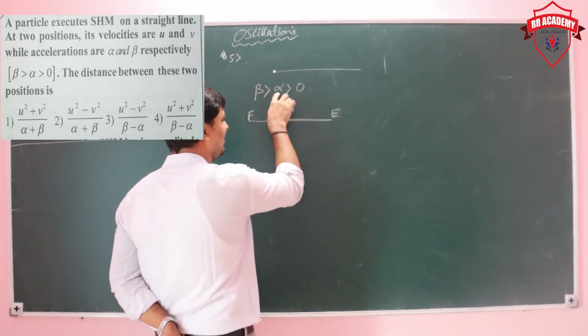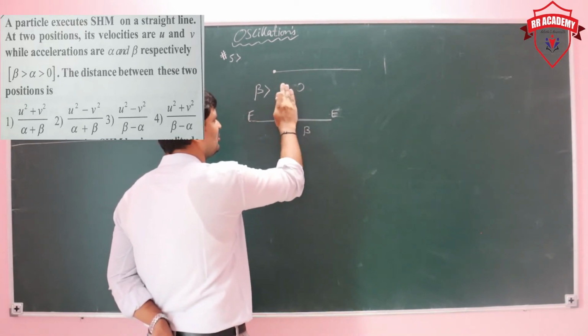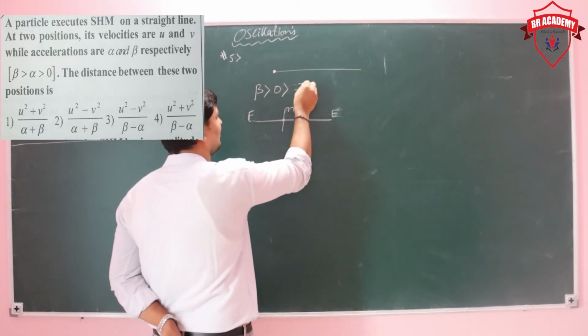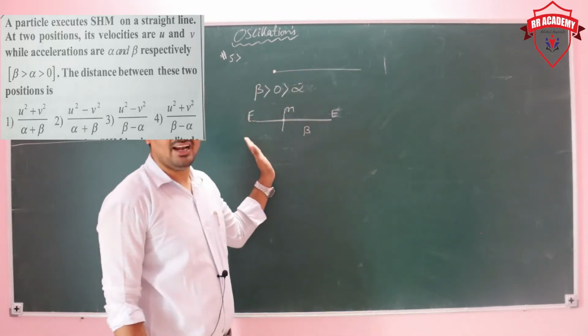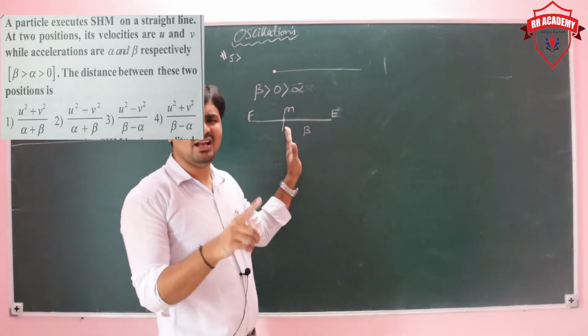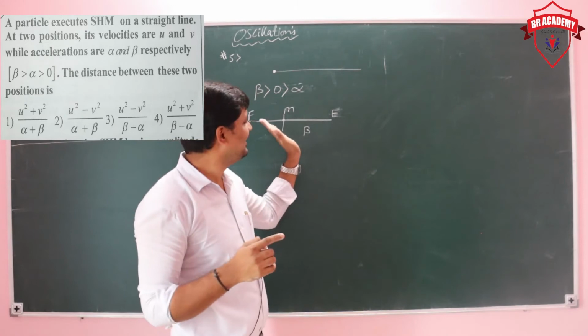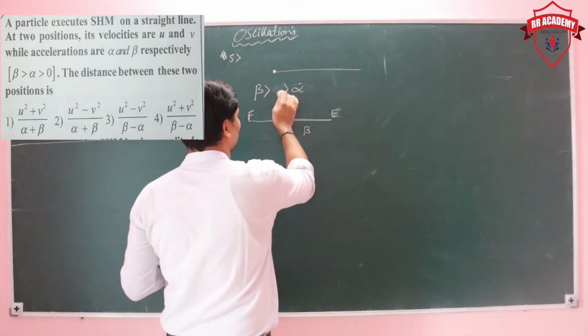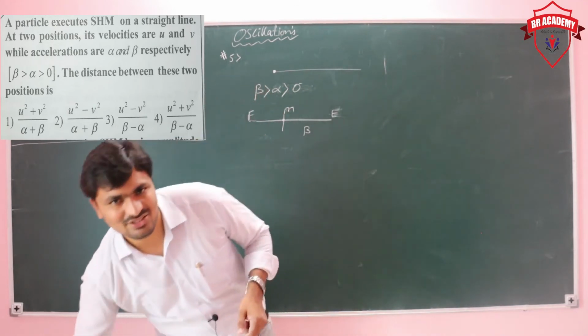If beta is here and alpha is on the other side, then alpha would be less than 0. But both are on the same side, so alpha is greater than 0.